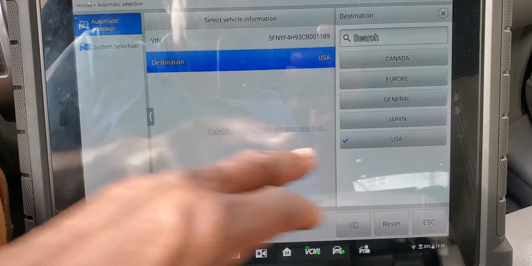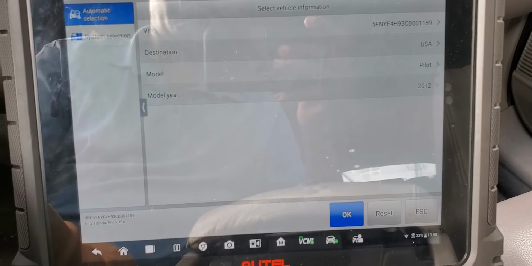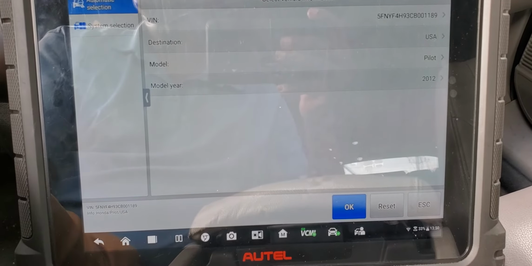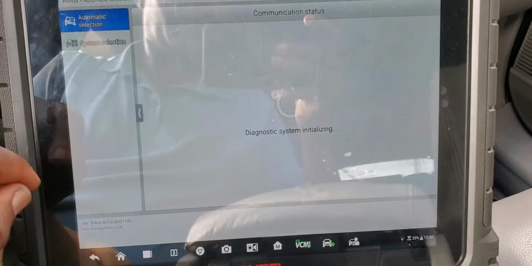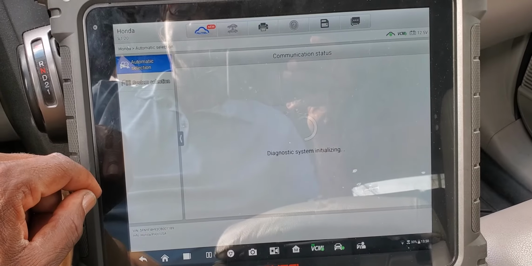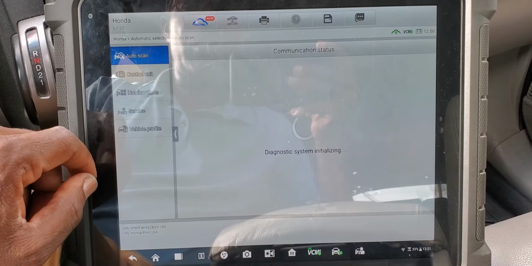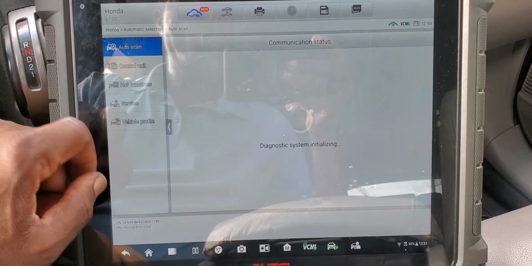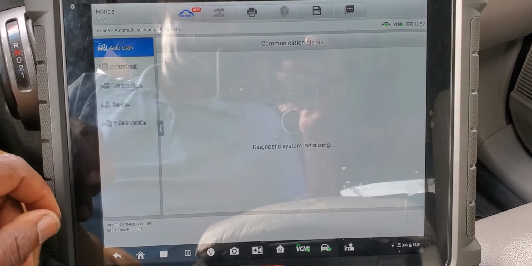Let me turn the key off. Engine off, ignition on. I will say okay. I've got to go to control unit. This auto scan.